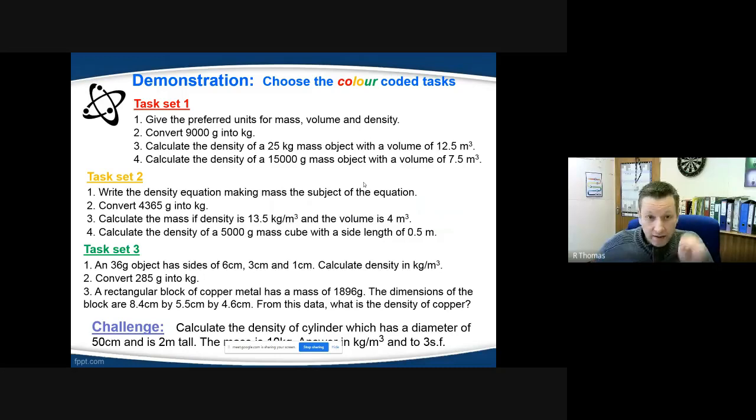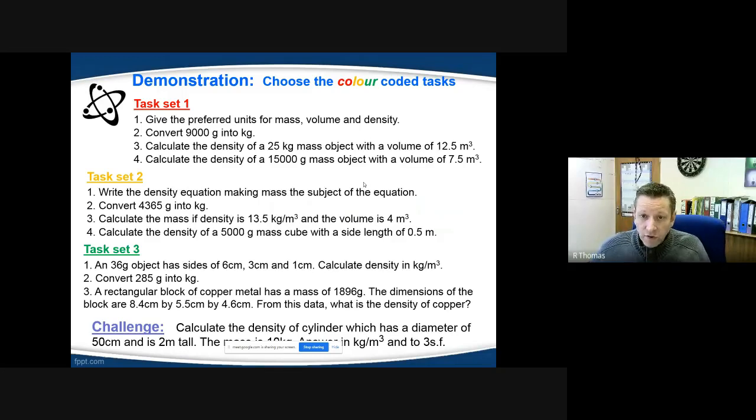Right, and we are back. I hope you found them challenging, but not too difficult. Let's go through them. The red, if you did it: the preferred units for mass, volume, and density, we know are kilograms, cubic meters, and kilograms per cubic meter. 9,000 grams is 9 kilograms.